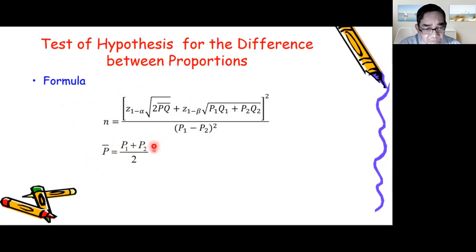The P bar will just be the average of the two proportions. And of course, the Q will be 1 minus P. And P sub 1 minus P sub 2 is the effect size, the difference in the two proportions.